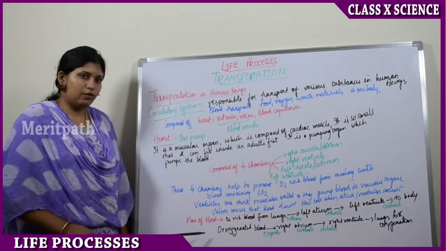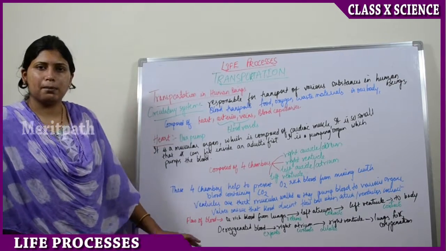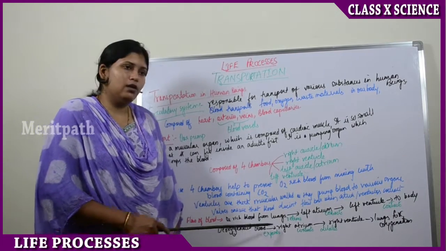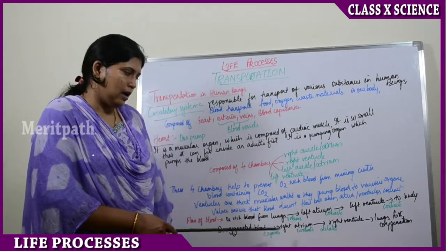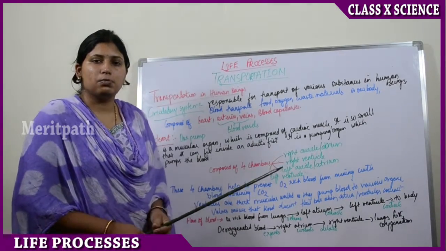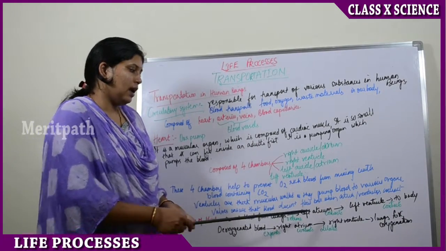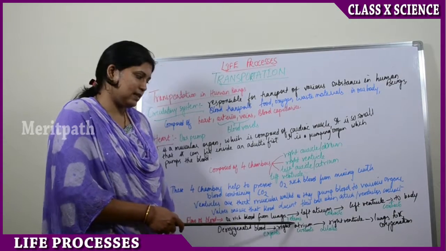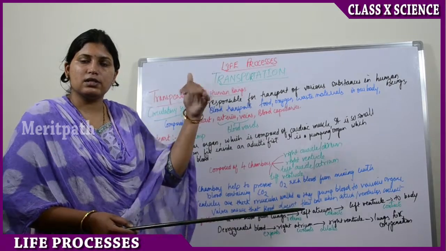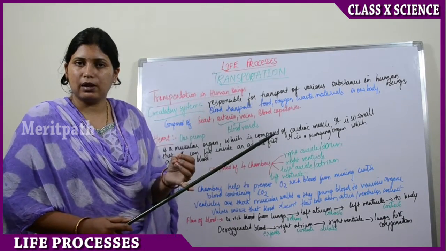So how does the blood flow in the heart? What is the schematic presentation of the flow of the blood? Oxygen-rich blood from the lungs comes and enters the left atrium. The left atrium relaxes and receives this oxygen-rich blood from the lungs.